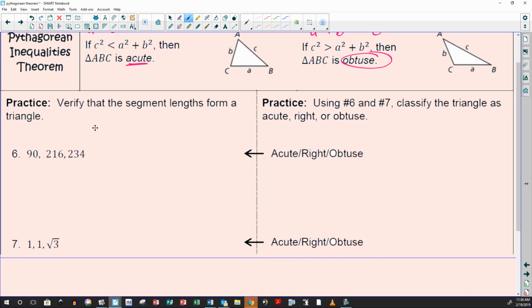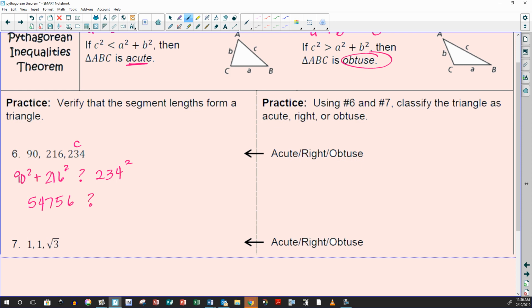So now we're going to plug these three numbers in and see, is it equal? Is it less? Is it greater? I know that this is the biggest side, so that has to be my C. So 90 squared plus 216 squared. What is it compared to 234 squared? 90 squared plus 216 squared, I get 54,756.